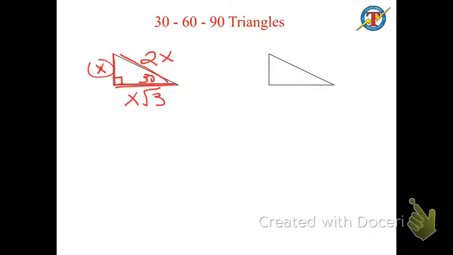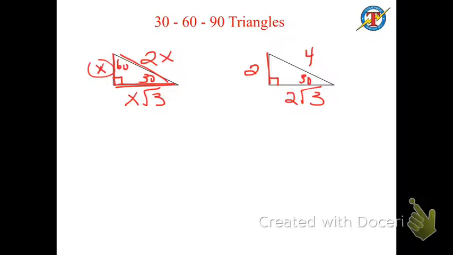Okay? So you may not remember that, but this is a 30, 60, 90 triangle. An example, if I told you this was a 30, 60, 90, then if this were 2, the hypotenuse would be twice that. Go back to the short side. If this is 2, the longer leg would be 2 root 3.